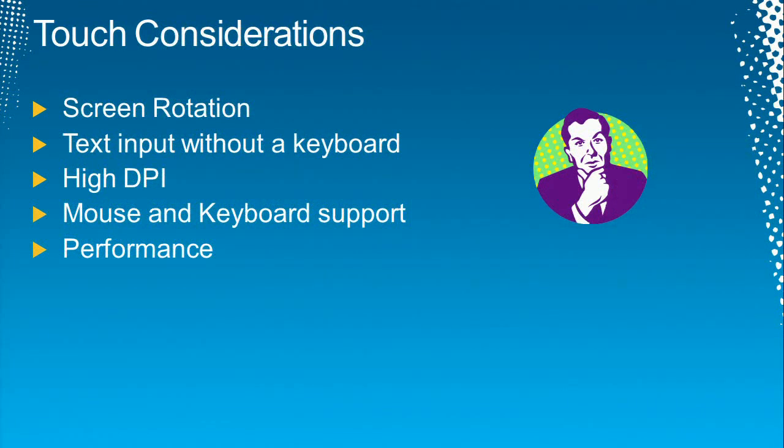Some other things to think about when you're designing. Some of these new devices, like the slates, support screen rotation. So if you have an existing application or you're designing an application, you want to think about what happens if you have it in landscape. What does it look like in landscape? What does it look like if I suddenly turn it into portrait, right?